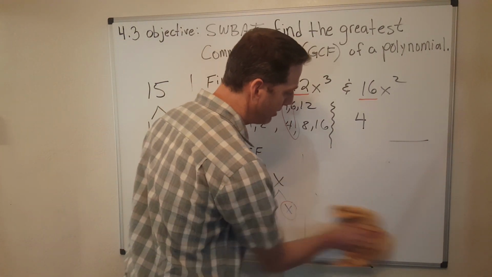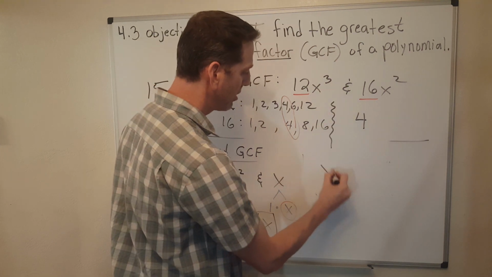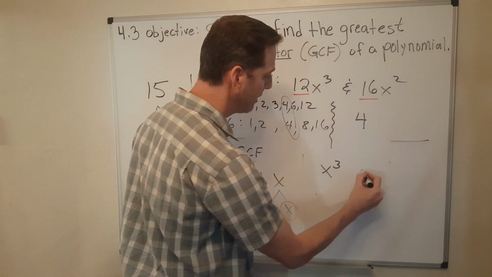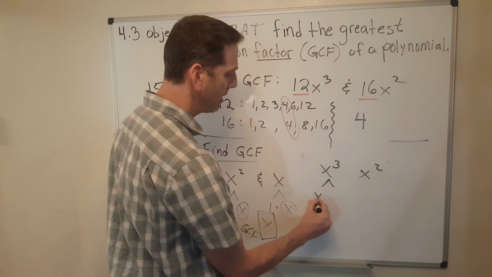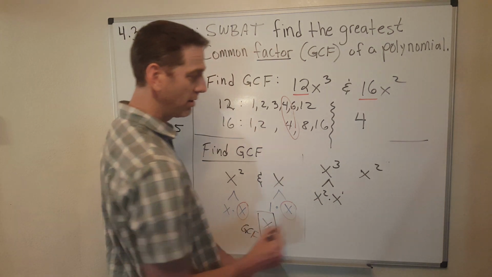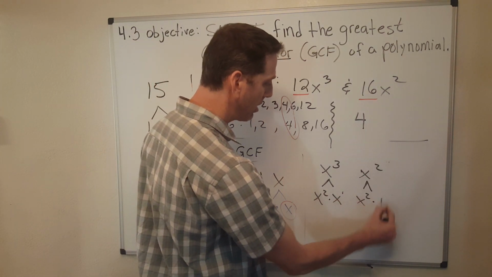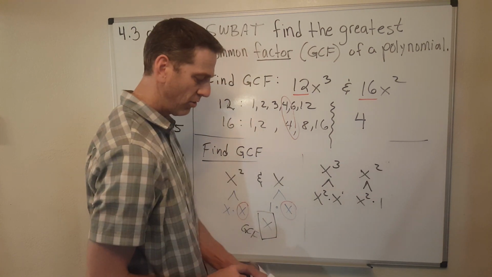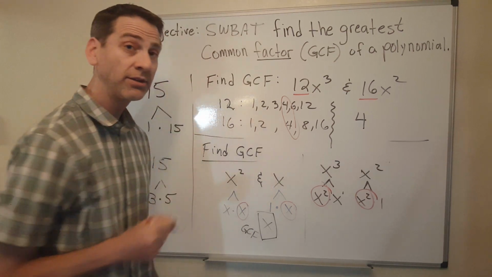Kind of like what we did down here. X to the third, and I have x to the second. I can just factor this as x squared times x to the first, right? And I can factor this as x squared times 1, so that my greatest common factor is x squared.